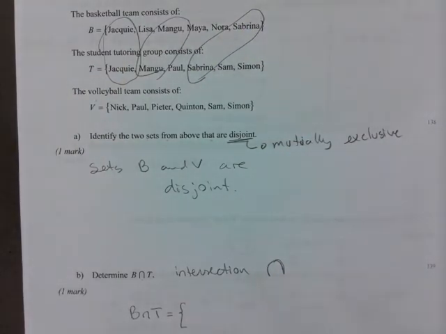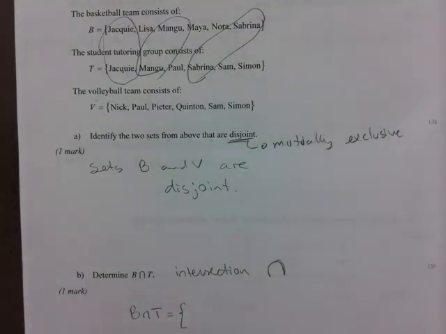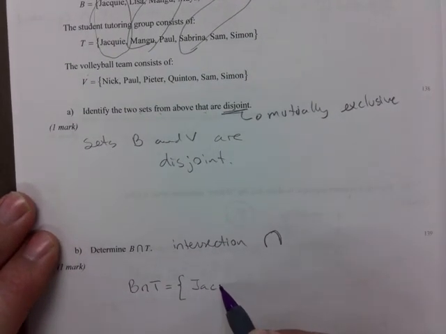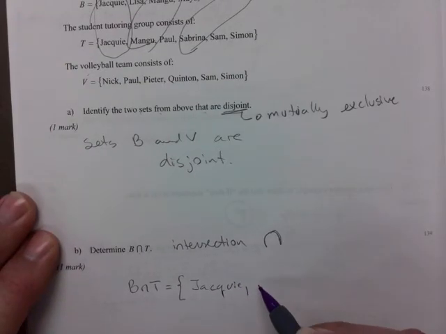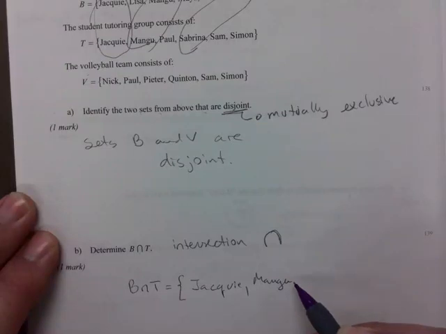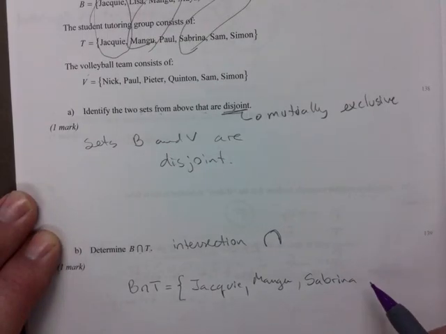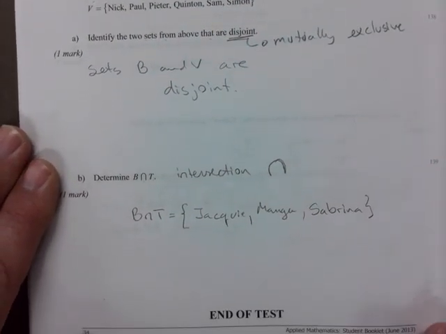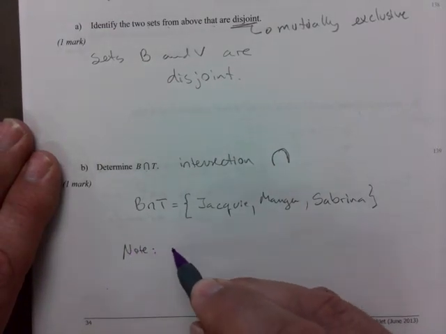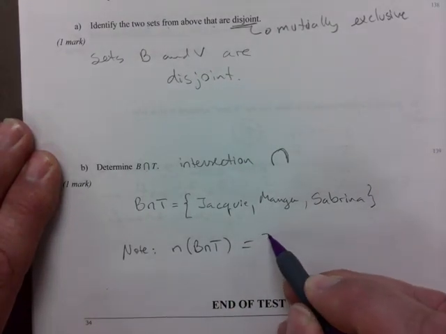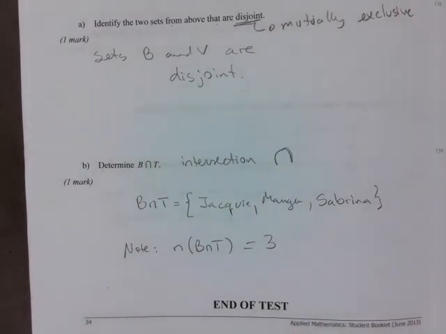Remember that technically elements in a set should be arranged alphabetically, numerically, whatever the case is. So we've got Jackie, Mangu, Sabrina. That's it. And notice that n of B and T, then we would just want the number of elements, so then we go 3. Okay.